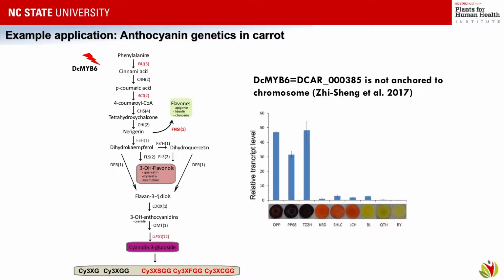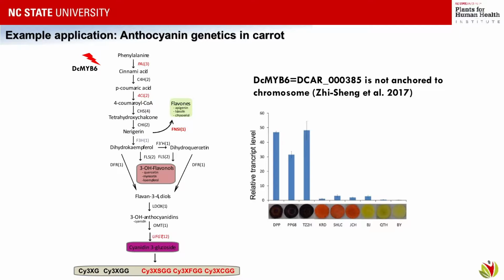In 2017, there was this DcMYB6 that was reported by a Chinese group that is playing a role in anthocyanin accumulation. And as you can see here, the expression is associated with the phenotype, but we were not able to identify that one in that region. The gene was not there.